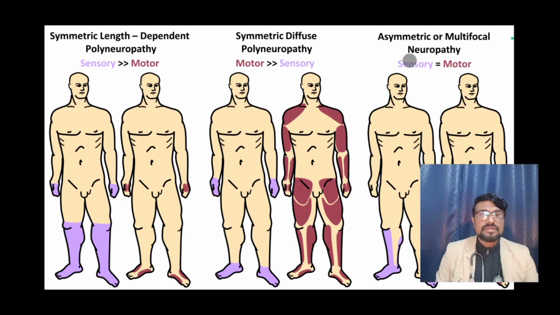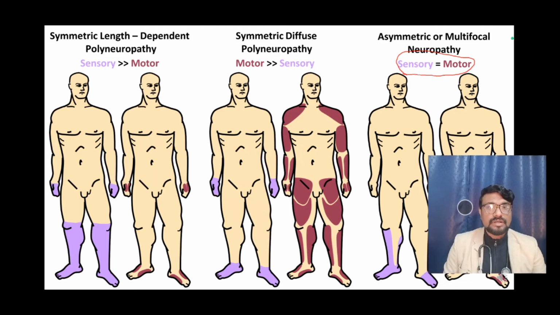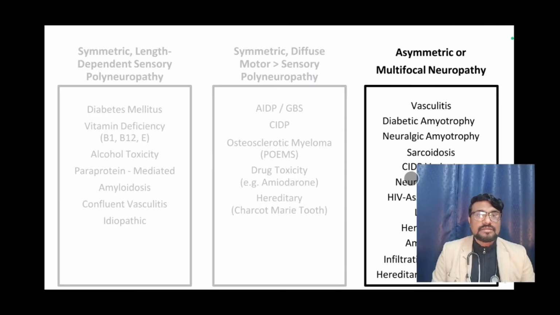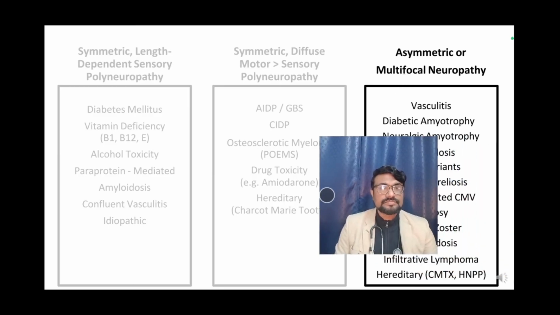So, here this patient has an asymmetrical, multifocal neuropathy with sensory and motor symptoms being more or less equal. So, the patient fits into this criteria, this diagram, and these are the common differential diagnoses associated with asymmetrical or multifocal neuropathies.